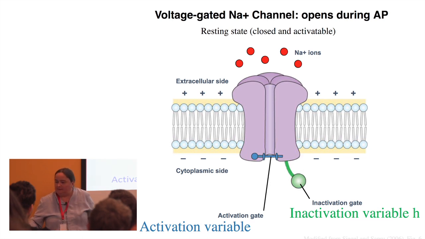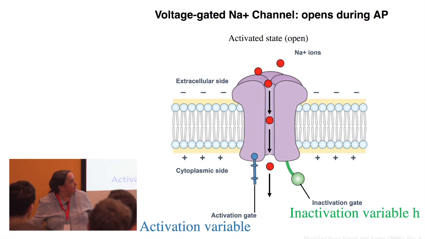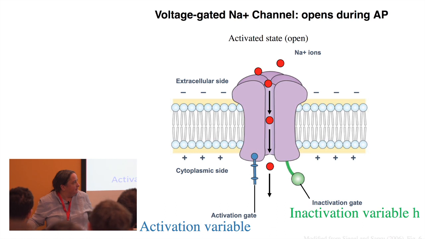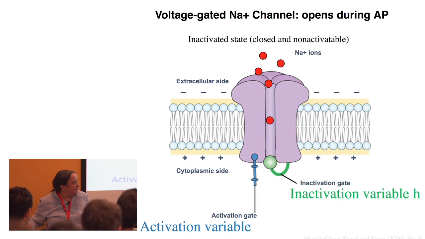And so the dynamics during the action potential is that first your activation gate will open up. Sodium can flow down its gradient into the cell. That makes your upstroke of the action potential. And then later, because this is a slower gate than this one, the inactivation gate slams shut. And these gates are now, again, this is just a reminder, described by these variables M and H.